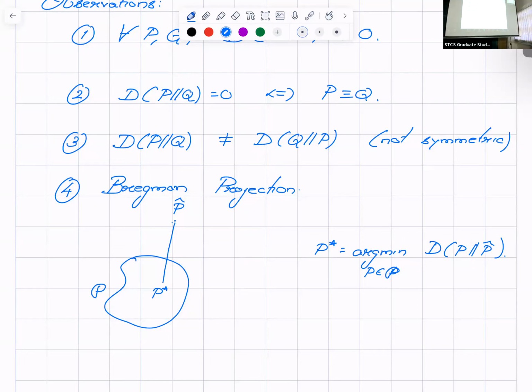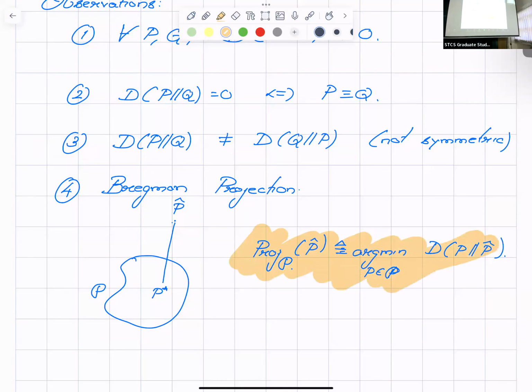This P star will define the projection of P hat onto the set P. Among all P's over here, you take the one which has the least relative entropy with P hat.